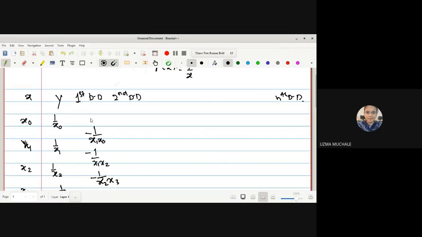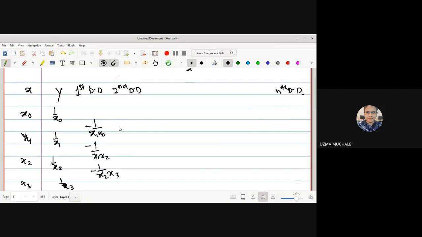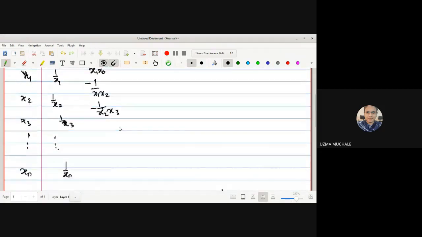In this way we can follow. So what will be the last one? Can anyone guess? It will be between x(n minus 1) and xn, correct? For x2 and x3 it is a combination of these two, so here I can write it as minus of 1 upon x(n minus 1) xn. Is the idea clear up to the first divided difference?